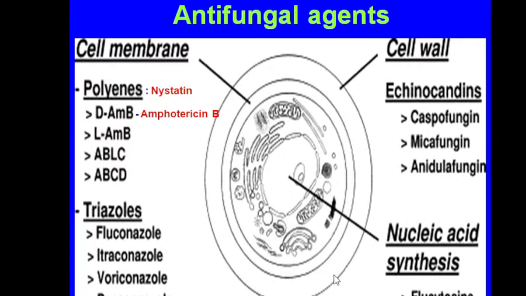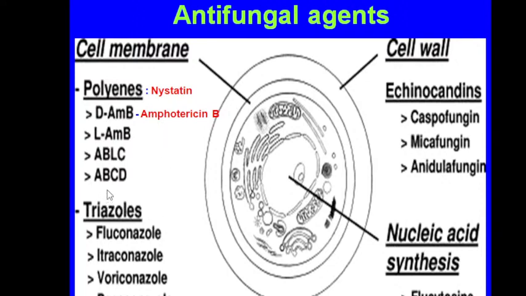So then, generally speaking, if we take a look at this, as I said, this is a simplified scheme of the fungal cell, right? So if this is the cell membrane, we have a very good group of drugs that are called polyenes. By the way, they are also antibiotics produced by other living organisms. And two are the best, nystatin and amphotericin B here.